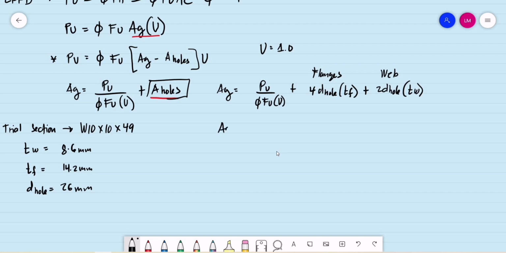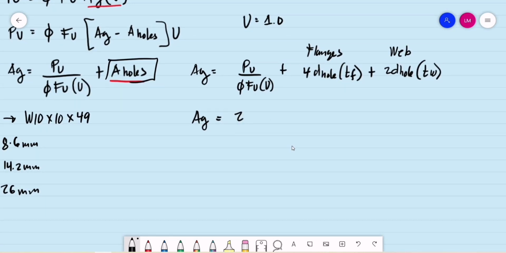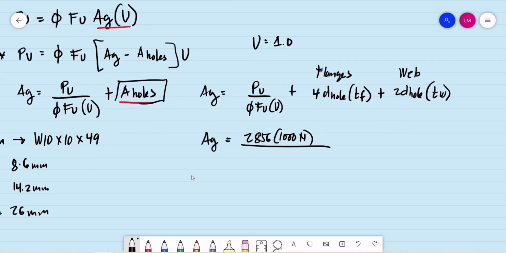So the required gross area under tensile rupture strength is equal to Pu LRFD, 2,856 kilonewtons, which we multiply to be in newtons, divided by phi for tensile rupture strength, or TRS, which is 0.75. Then our Fu, what is our Fu?